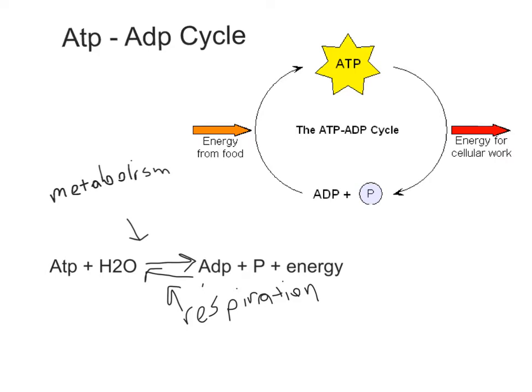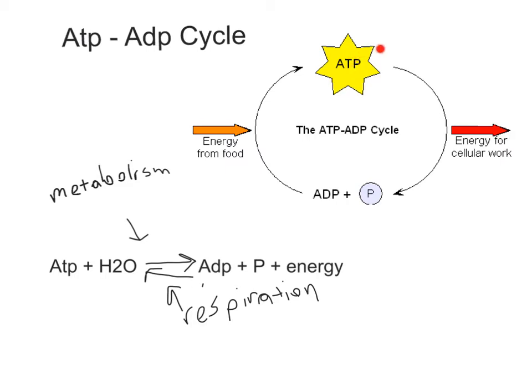Then these both go floating back out into the cell, and then cellular respiration occurs, where you take the energy from food, you break down that glucose, and when you break those bonds, you release energy. What that energy does is re-add the phosphate to the ADP to create ATP.